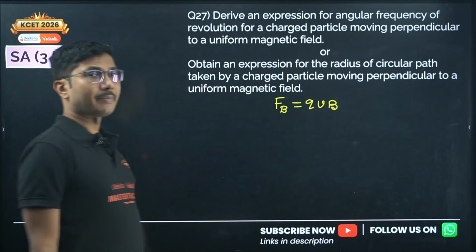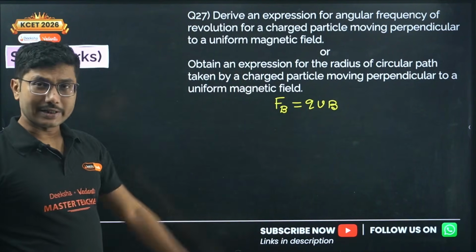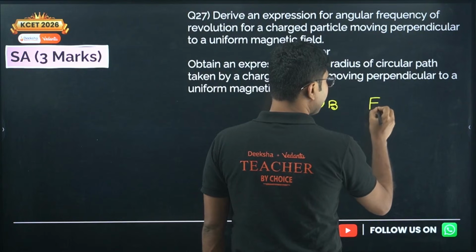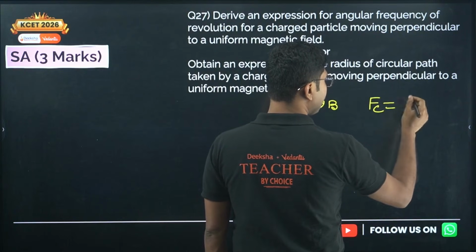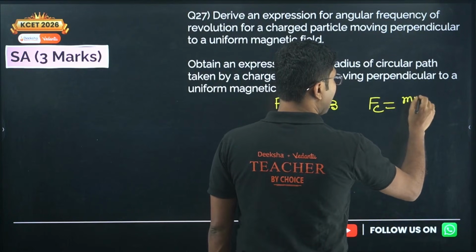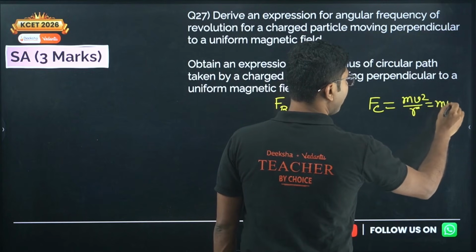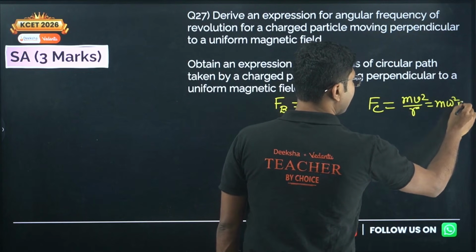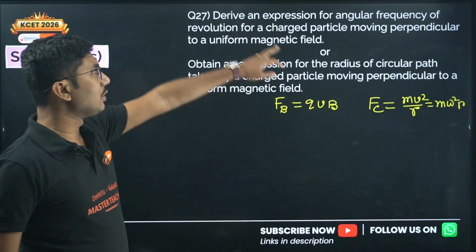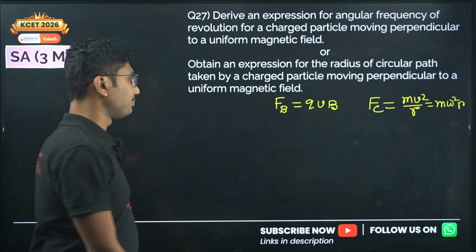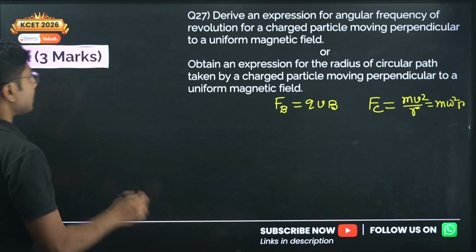Sine theta is obviously 1, and whenever it is rotating in a circular path, there has to be a centripetal force, which is given by mv square by r. Sometimes this is also written as m omega square r. We will use m omega square r for the first part, and this one for the second part. Now let's see.